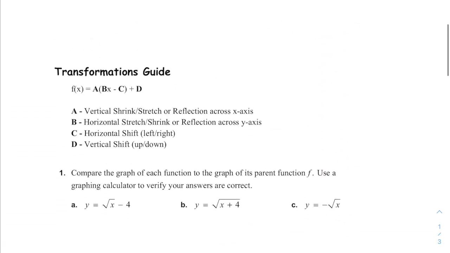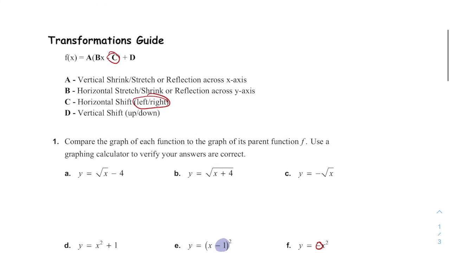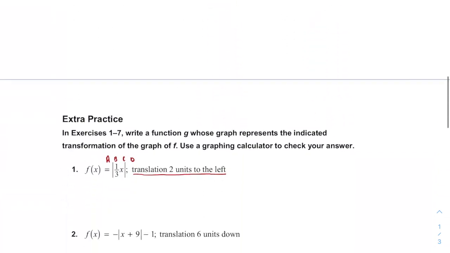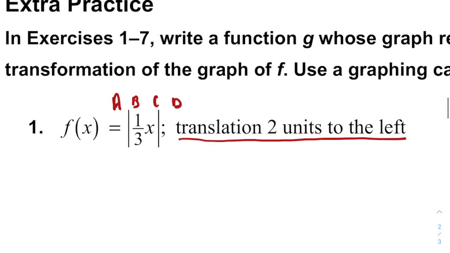Left and right is a horizontal shift, so I know that affects the C. You also have to know that, remember, on the inside, B and C act opposite of where you think they would be. So left doesn't mean negative like you might think it would. So 2 units to the left is actually not -2, but +2.